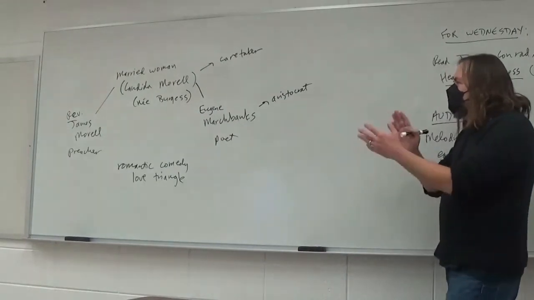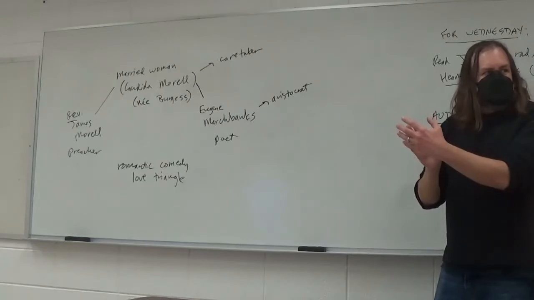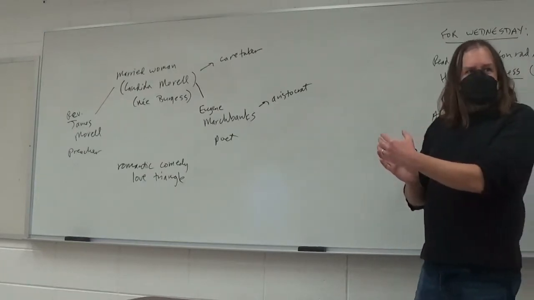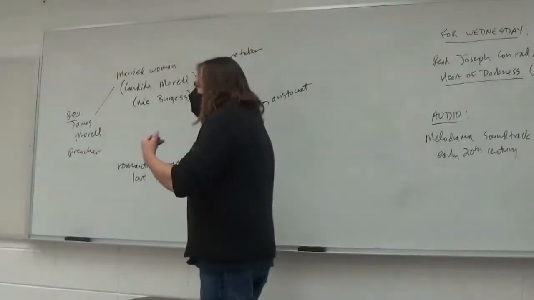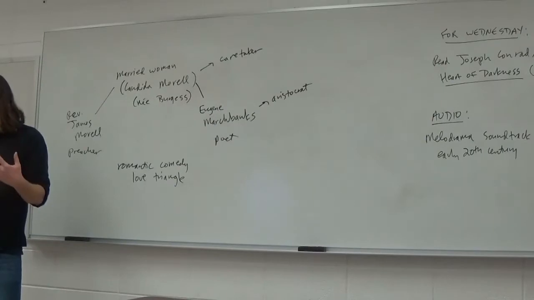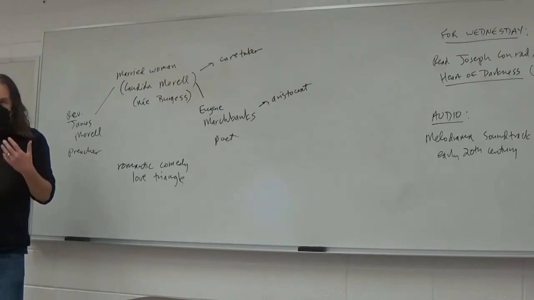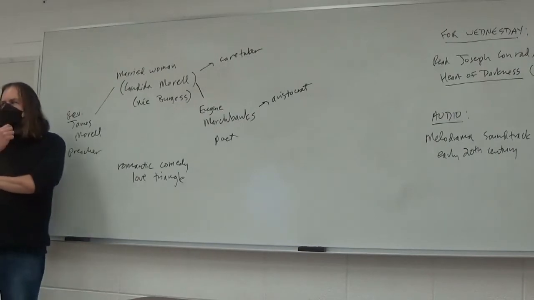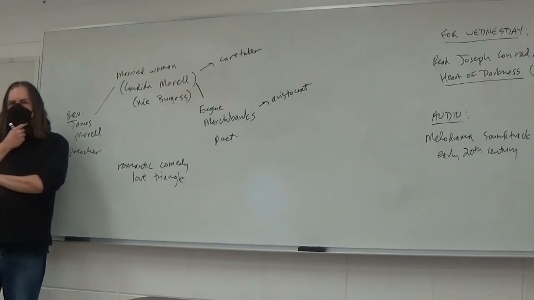So do either of these men seem to see Candida as someone who has any kind of existence of her own outside of their particular needs or their particular idealization of her? Not really. I mean, Morel probably more than Marchbanks, but neither really gives much thought into who she is.